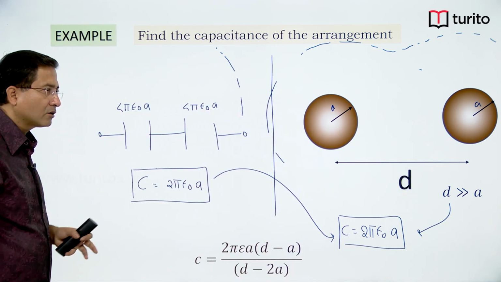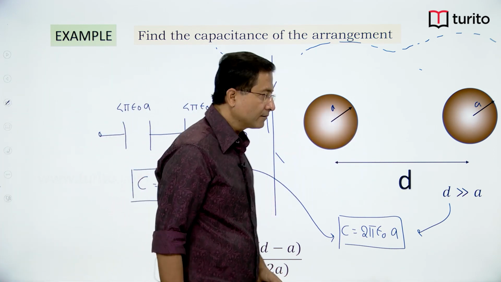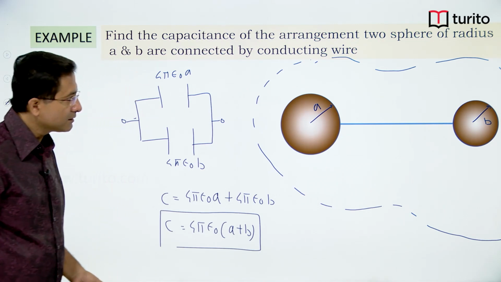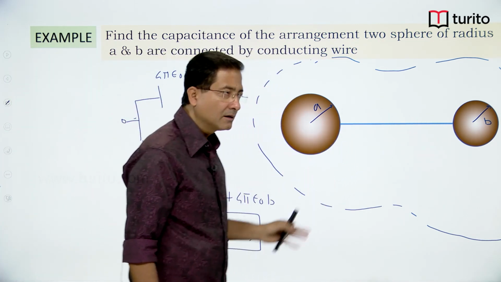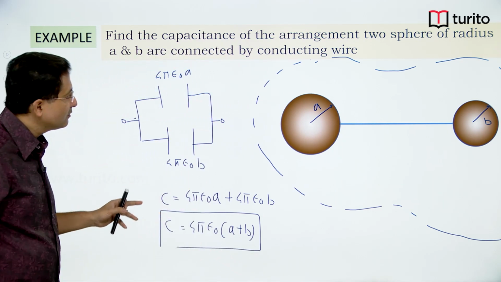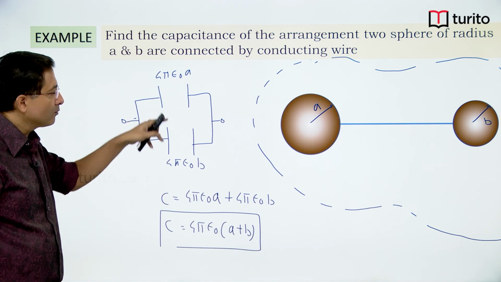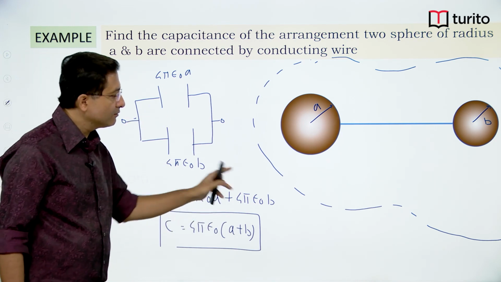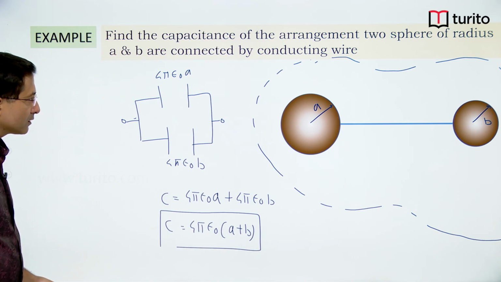Whether you apply the series combination result or find the electric field and then the potential, we are getting the same result. In the second case we discussed, if these two are connected by a conducting wire, then I can see this arrangement as two capacitors connected in parallel combination and the formula is C1 plus C2. I will apply C1 plus C2, I am getting 4 pi epsilon naught A plus B.